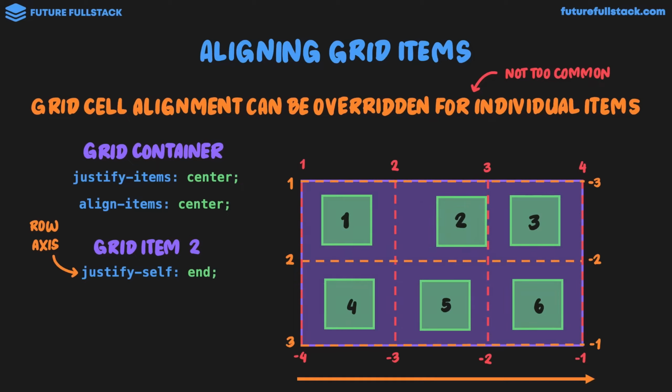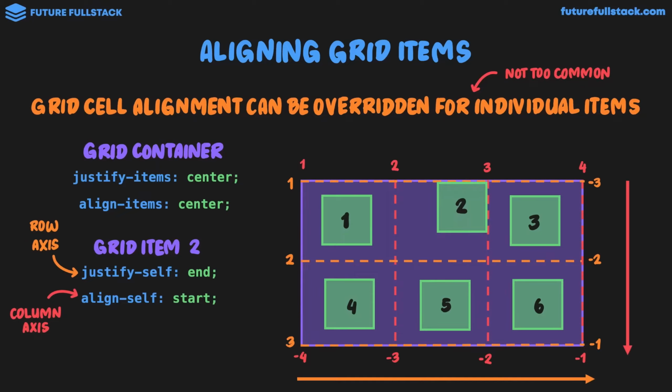We can also apply the property align-self, in this case with the value of start, and this aligns grid item 2 along the column axis, overriding the align-items center value applied on the entire grid container. If you focus your attention on grid item 2, it will now move like this. It moves to the start inside the grid cell along the column axis. Now the values you can have for the justify-self and align-self properties include start, end, center, and stretch, where stretch is the default value.